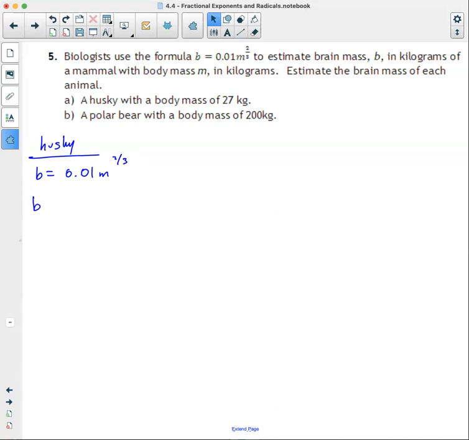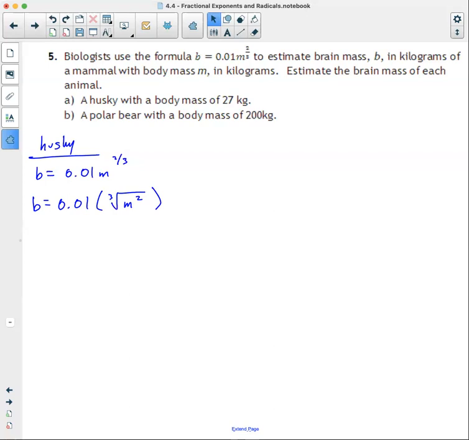We are taking the cube root of m squared. The numerator is 2, so we're squaring m, and the denominator is 3, so we're cubing that.